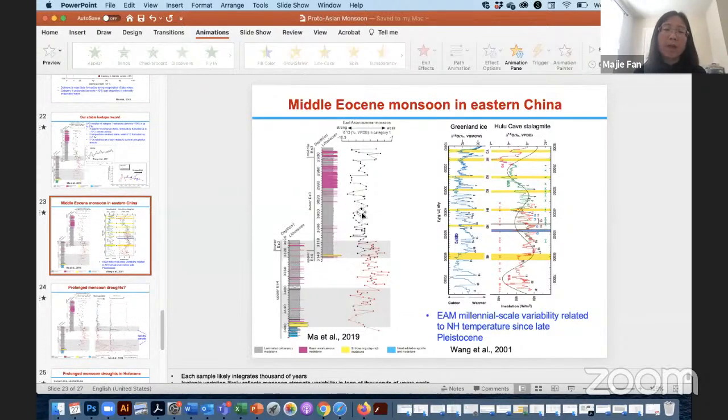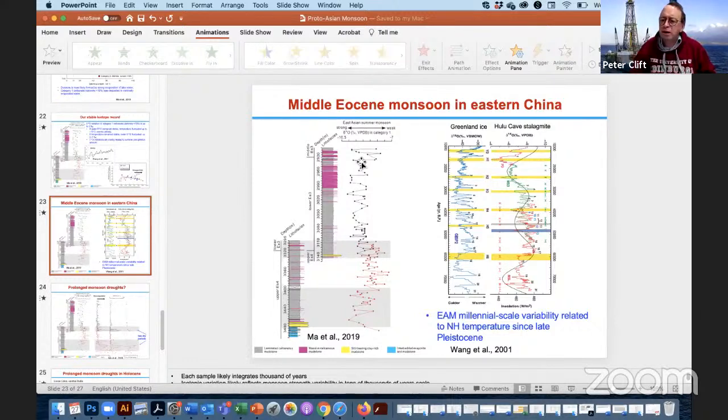Also for those massive intervals, if the deposition rate is slow, we're probably talking about a few thousand years or tens of thousands of years. So that's what I mean by short. And when I say longer, I'm probably talking about cycles of a few hundred thousand years.